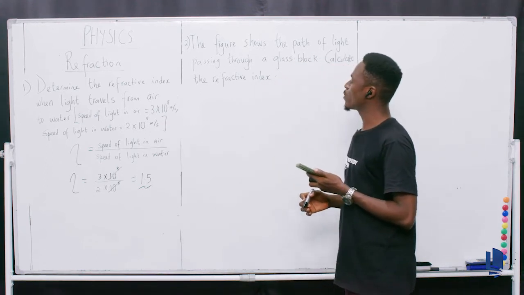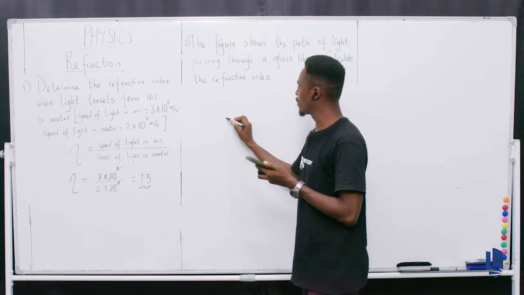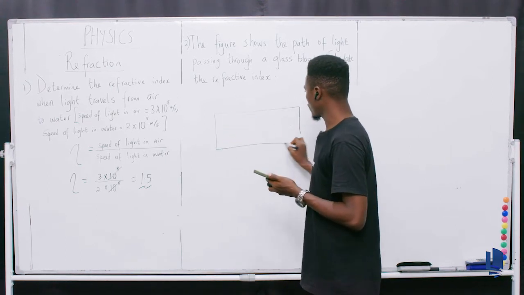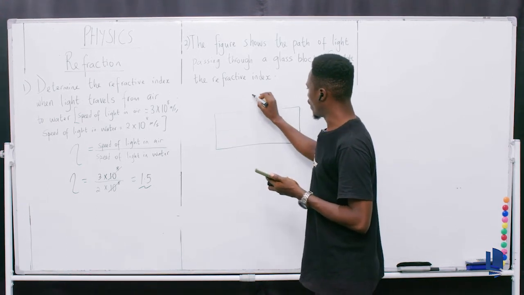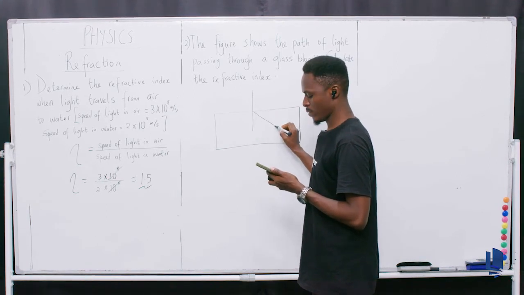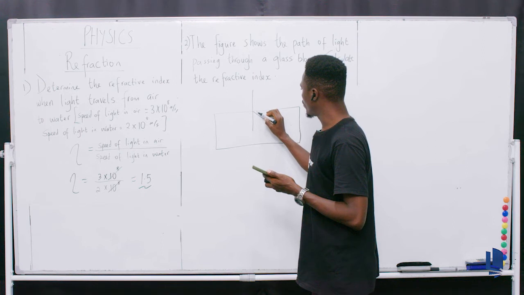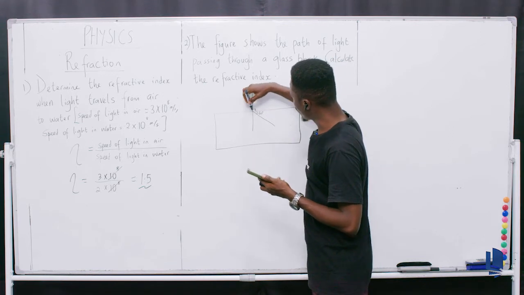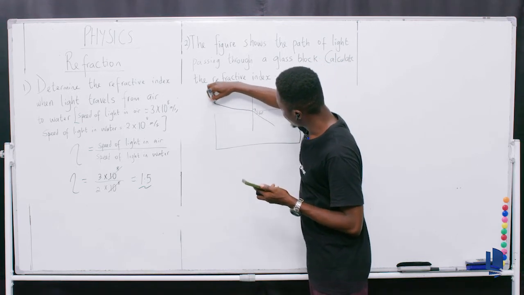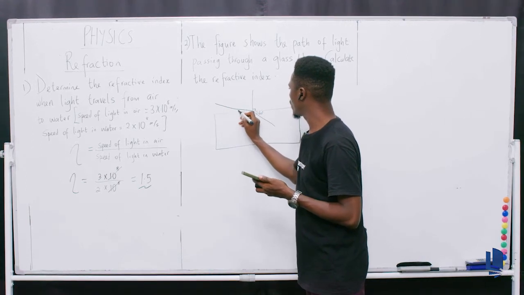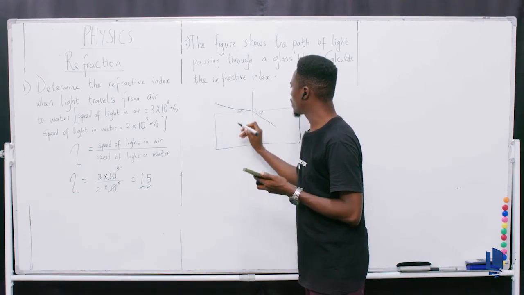We're asked to calculate the refractive index, and the diagram is such that we have our glass block, we have our normal, we have here being 60 degrees, we have here being 90 degrees, then we have here being 30 degrees.